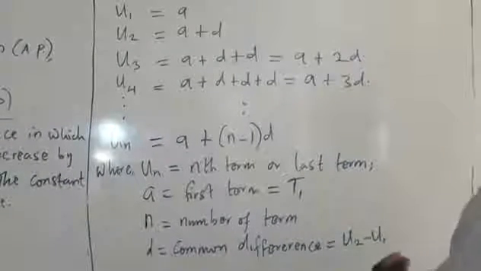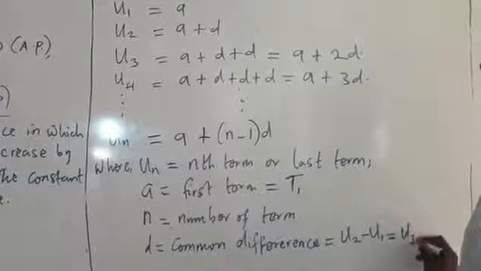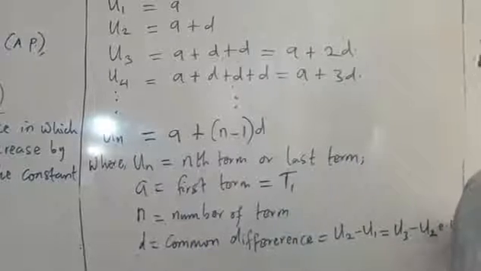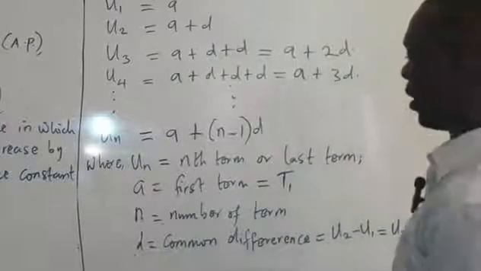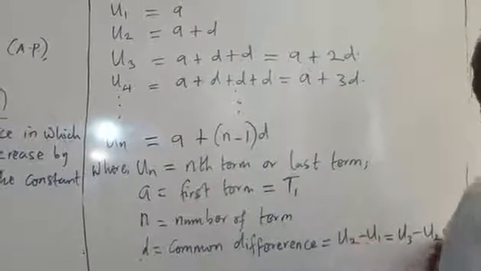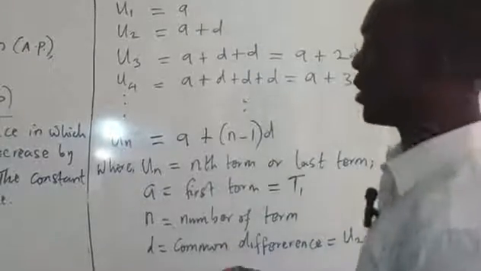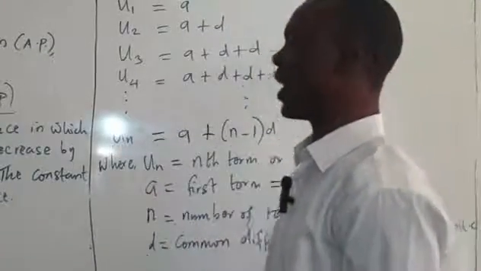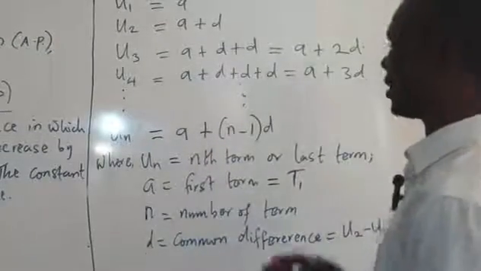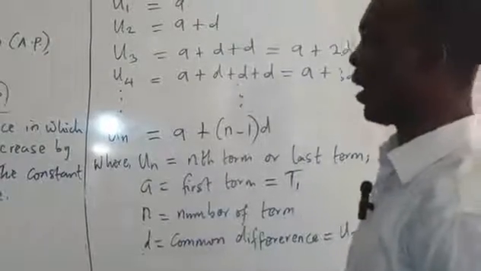Or if you don't want to use the first and second term, you can use second and third term, u3 minus u2, etc. So we are going to have the same value when we subtract u1 from u2 or you subtract u2 from u3. So these are the definition of arithmetic progression and how to generate the formula for nth term of an AP. So next will be the example under arithmetic progression.